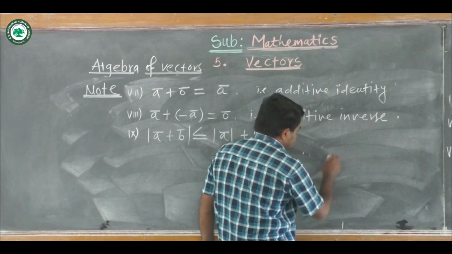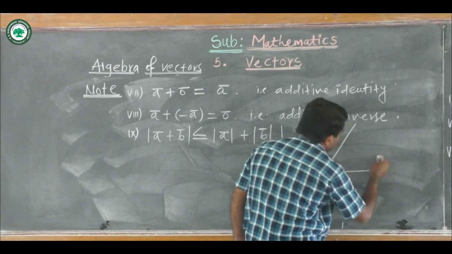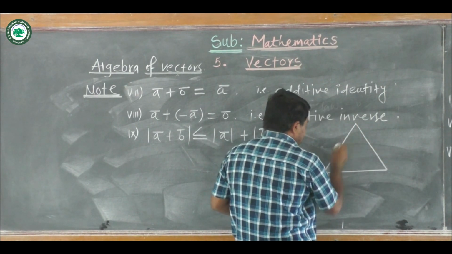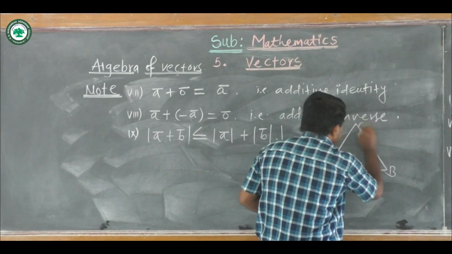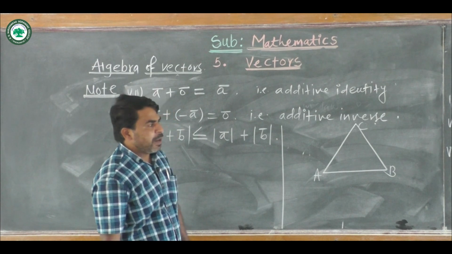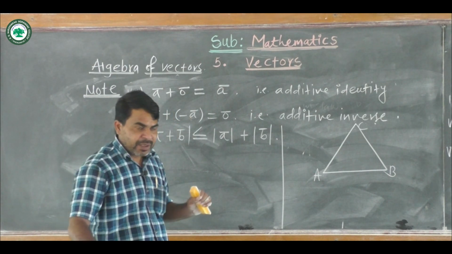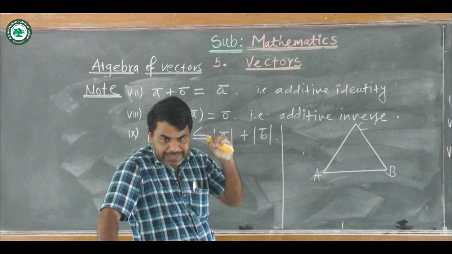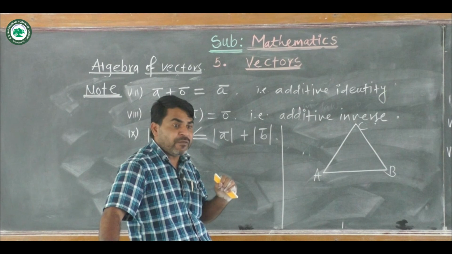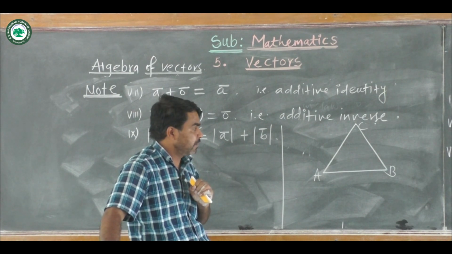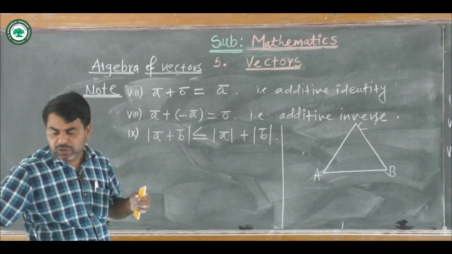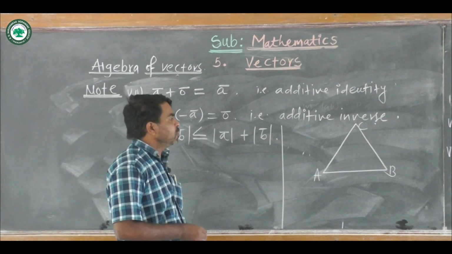See, we have a triangle A, B, C. There is one property of a triangle that the length of one side is always less than or equal to the sum of the other two sides.